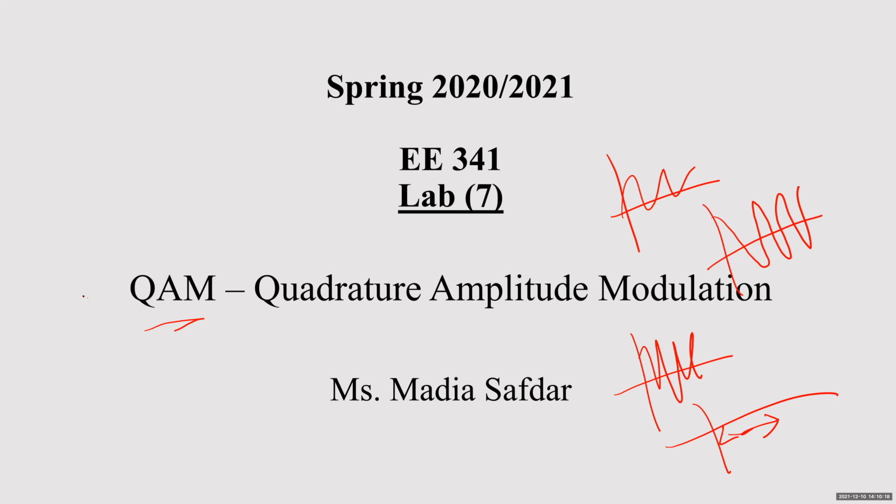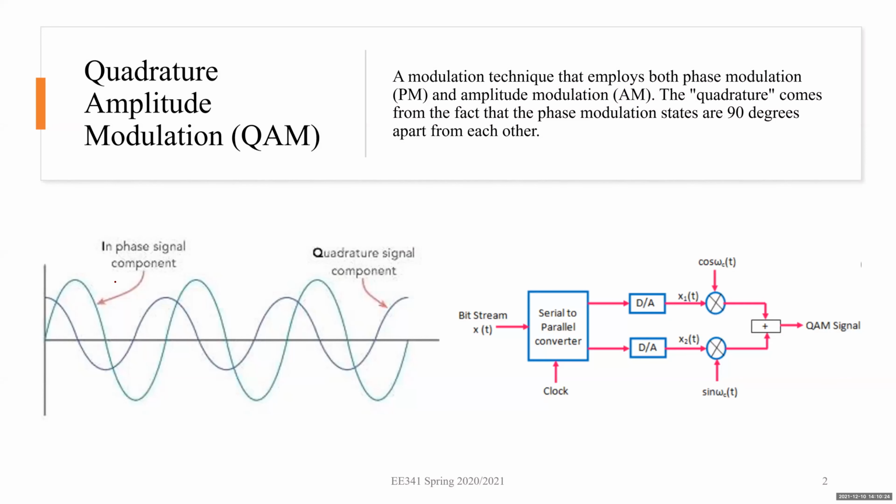So we will have both in quadrature amplitude modulation. We have our first carrier, and our second carrier, which is 90-degree shifted. We will start from here. We will have our first message multiplied with the first carrier, and our second message multiplied with the second carrier.